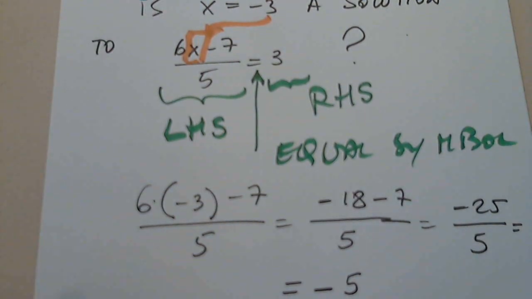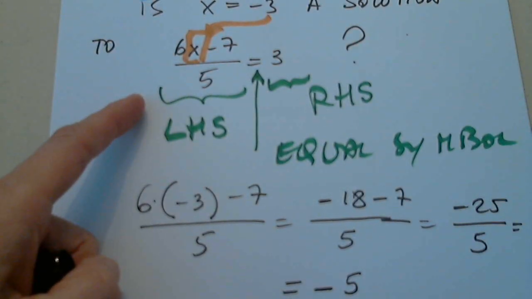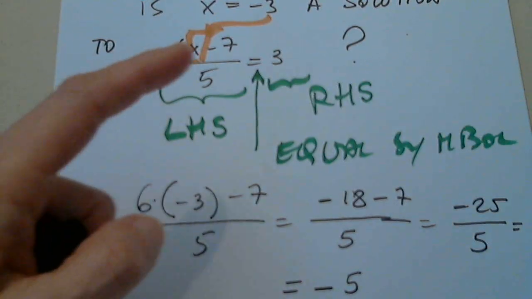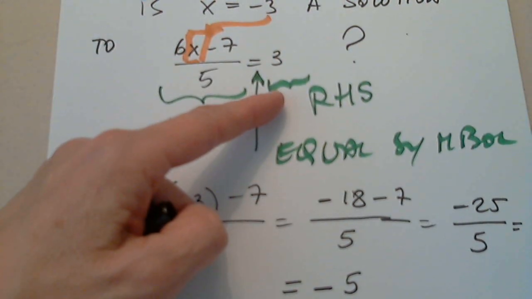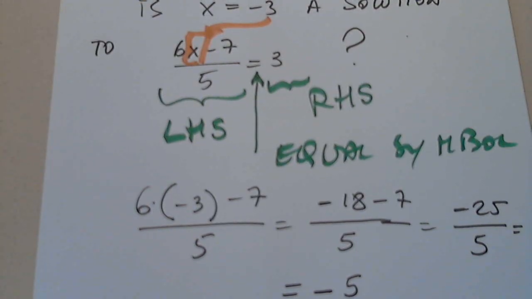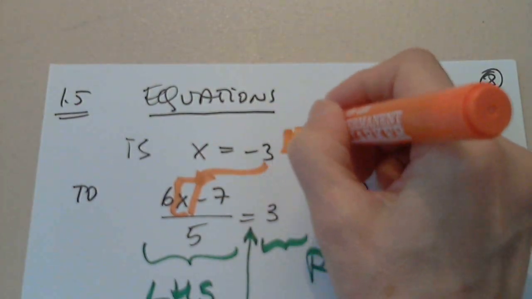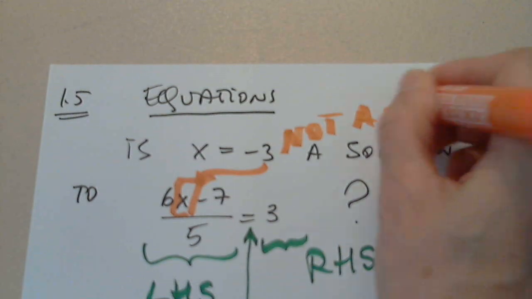Now, when we replaced x by -3, we got that the left-hand side was -5, but the actual right-hand side is 3. Would you accept x equals -3 as a solution to this equation or not? Yes or no? No. So I'll go back and say, not a solution.